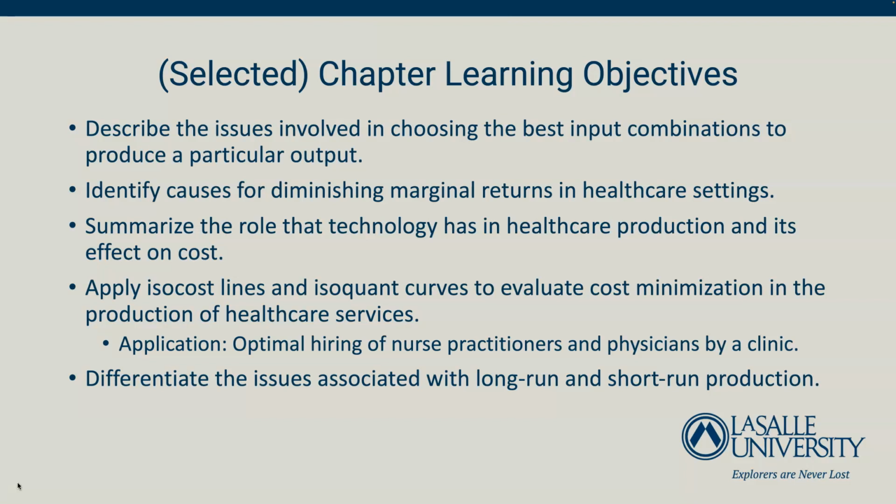To see what we mean by that, I will go through an application regarding the optimal hiring of nurse practitioners and physicians by a clinic to illustrate that further. And then lastly, you should be able to differentiate the issues associated with long-run versus short-run production.